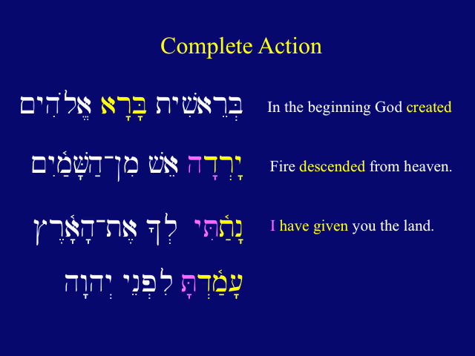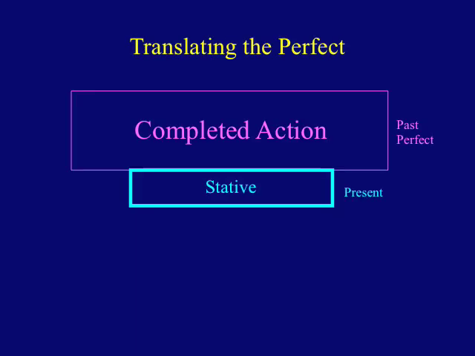Amadta lifnei Adonai. You stood, amadta, before Yahweh. However, stative verbs, verbs that indicate a state of being rather than an action, normally use the perfect to express not only past state, but also present state.